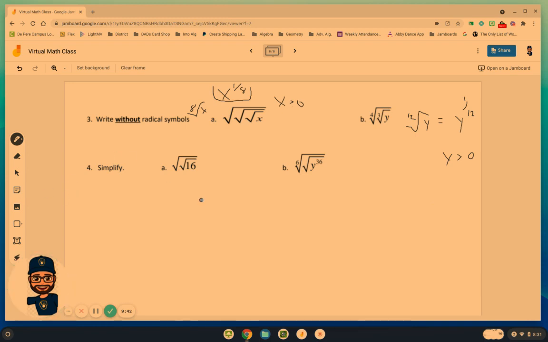Okay, simplifying. The square root of the square root of 16. So that's the 4th root of 16, or 16 to the 1/4, which is 2. Here, letter B, we've got 6 times 2, so that's really the 12th root of y to the 36th.